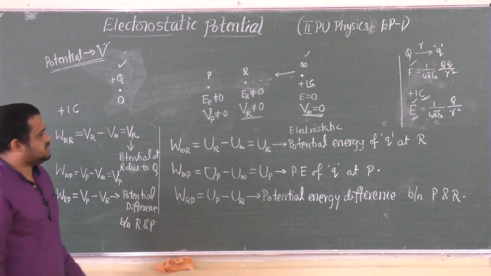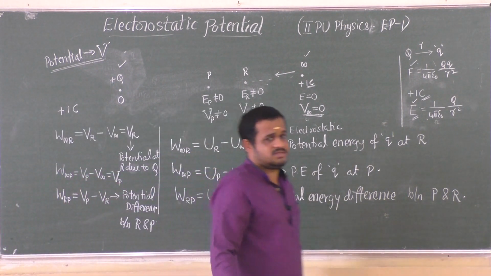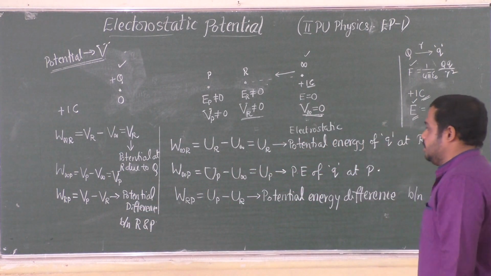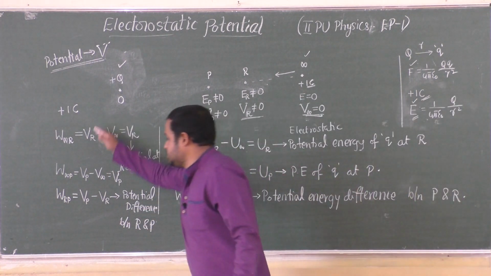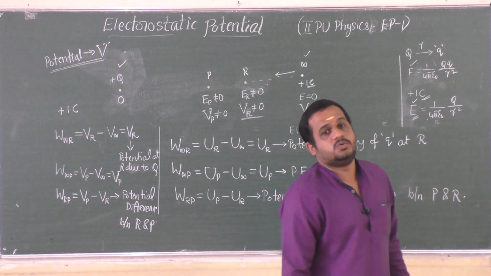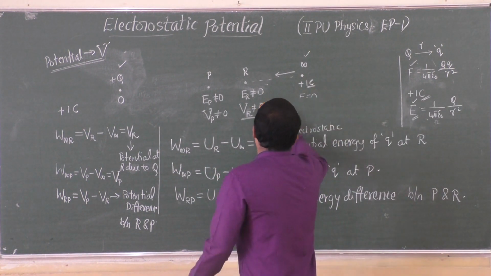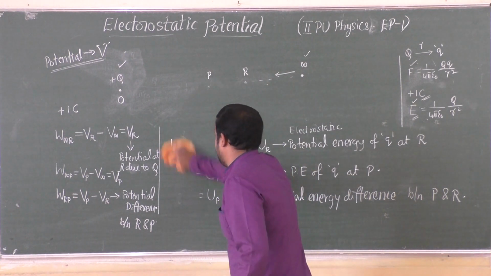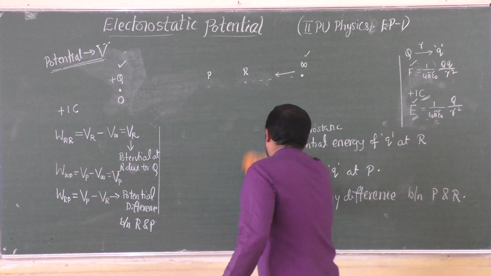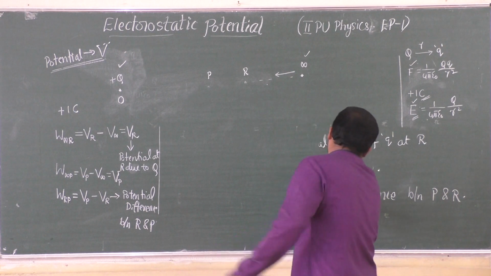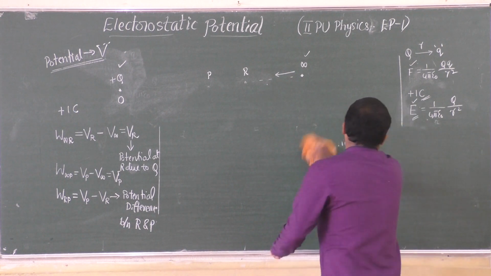So these are the conditions. Now with the help of these points, let us try to define two terms. One is electric potential at a point, and another one is electric potential difference between two points.